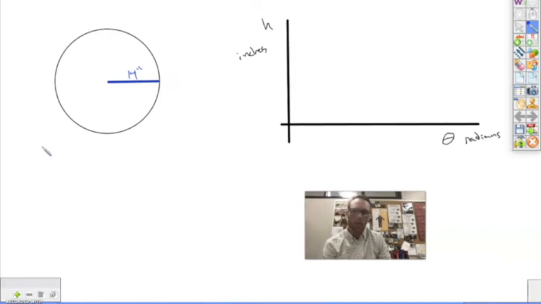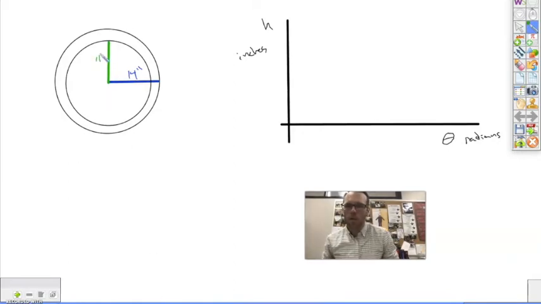And as that wheel spins, the thingamajigger will also follow the path of a circle. So I'm going to draw another circle. That looks lovely. Not quite perfect, but it'll work. And this has a radius of 11 inches.